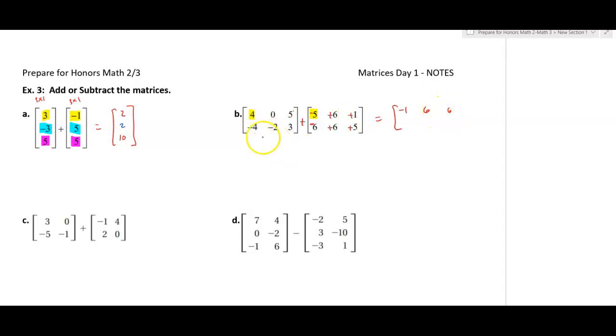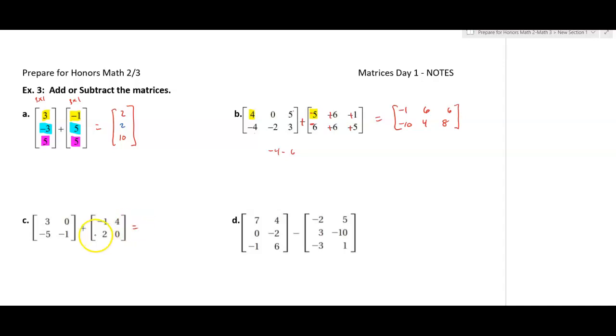Negative 4 minus 6 is going to give you negative 10. Negative 2 plus 6 is 4. And 3 plus 5 is 8. And we are done. So subtraction only has one additional step.